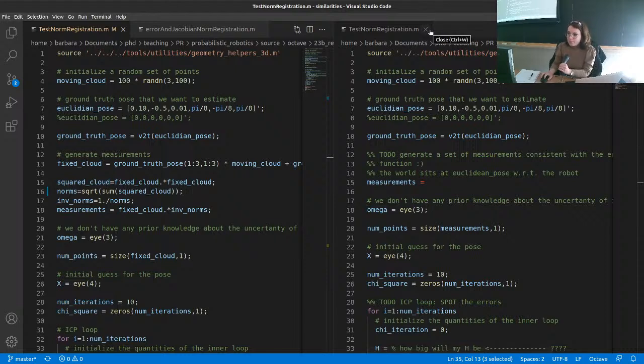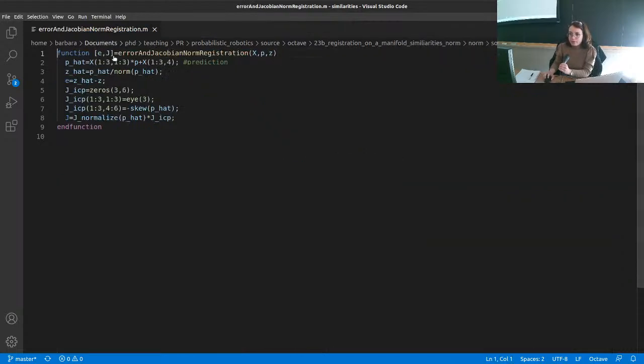Okay. So, I am moving to the error and Jacobian function. Here again, this function takes as input the current estimate of the state, a point in the world, and a measurement, z. What we do is predict the point in the sensor frame from the point in the world frame by applying the homogeneous transformation x corresponding to the current estimate of the state.